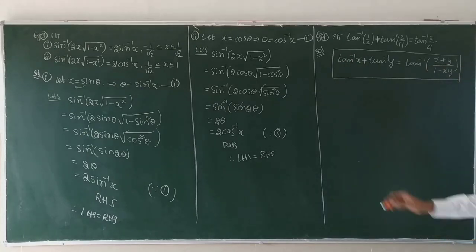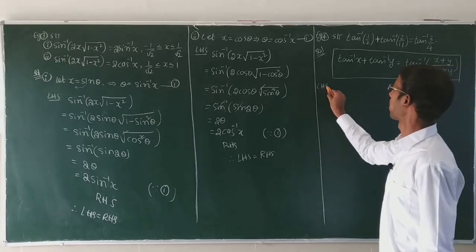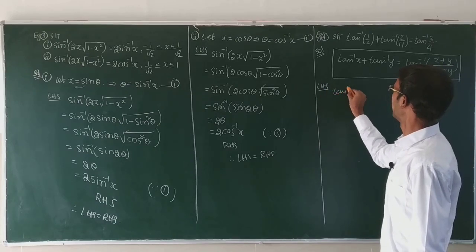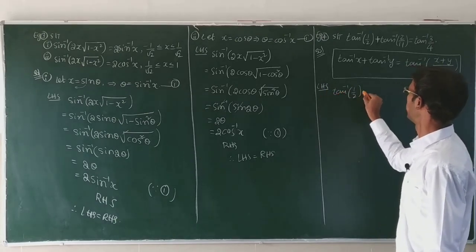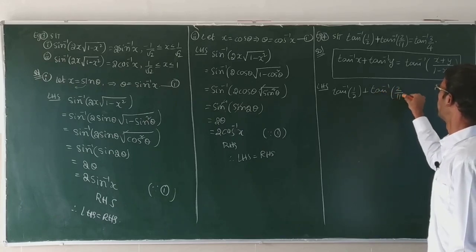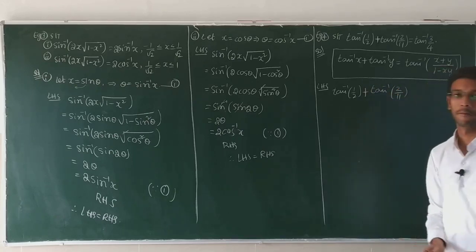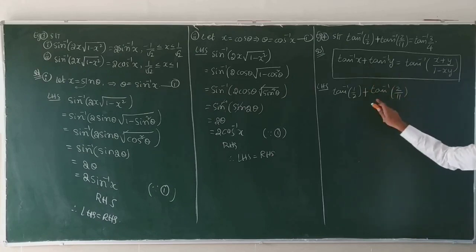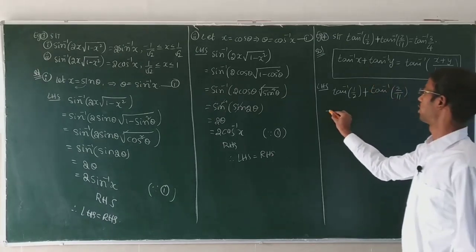So the LHS part I'll take here. Tan inverse of 1 by 2 plus tan inverse of 2 by 11, by formula, direct substitution.